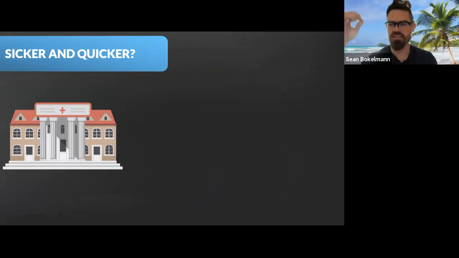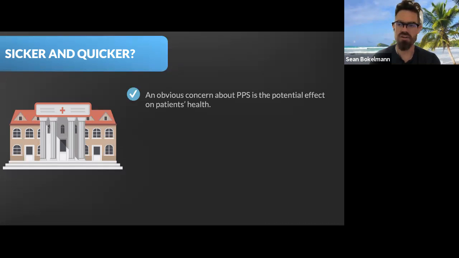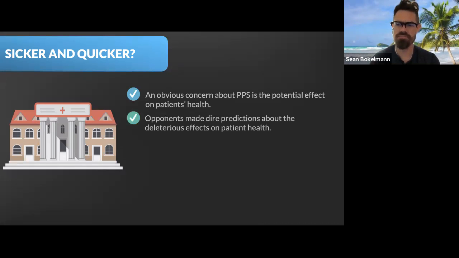Now, one particularly concerning issue here is that if you're giving doctors a fixed fee per patient, then that would seem to provide the incentive for them to reduce the quality of care, right? And so there might be a negative or adverse effect on patients' health.